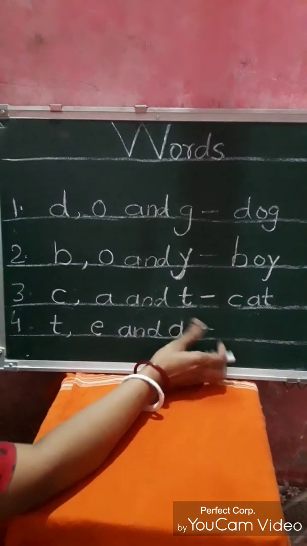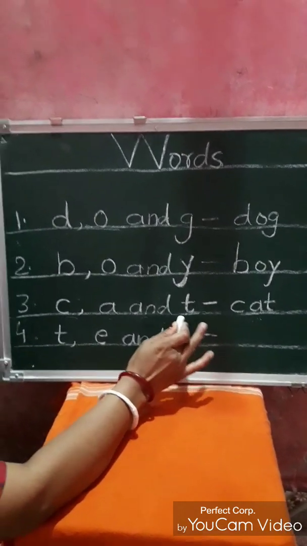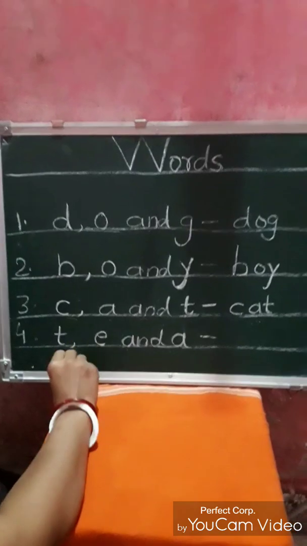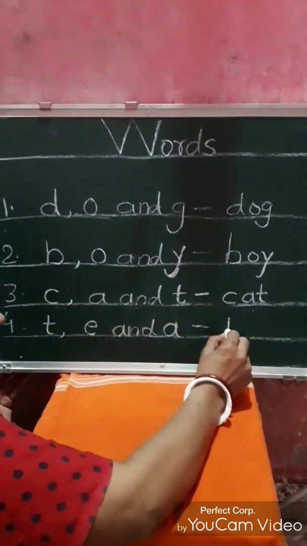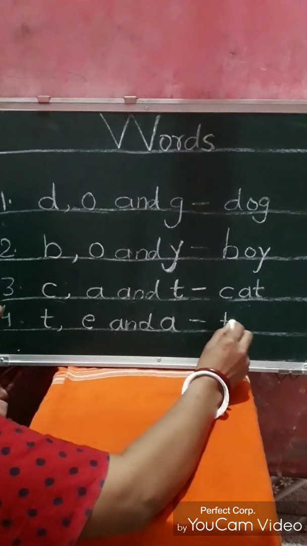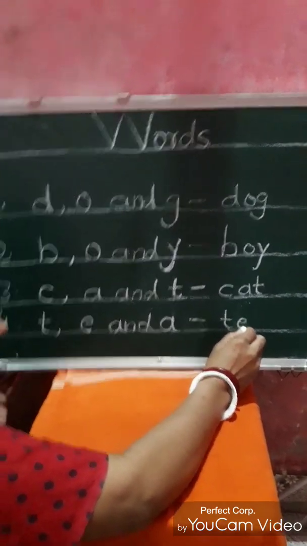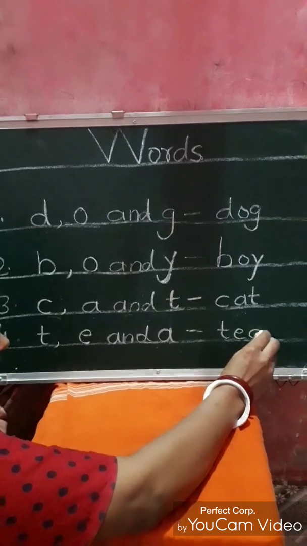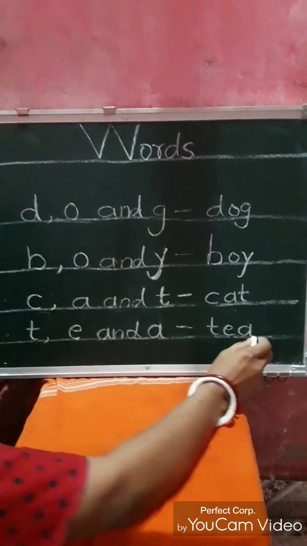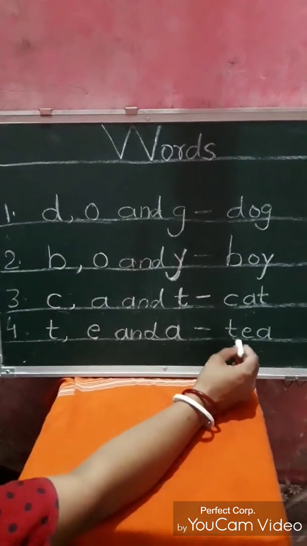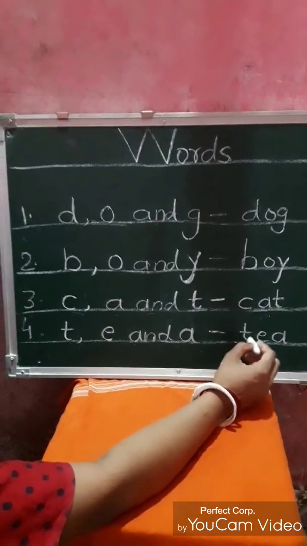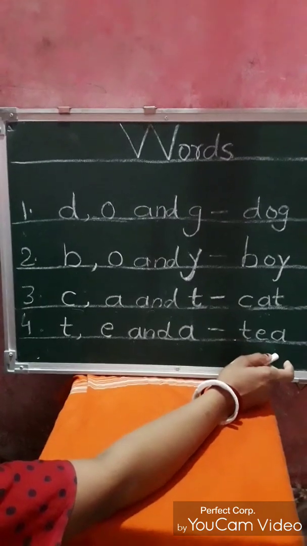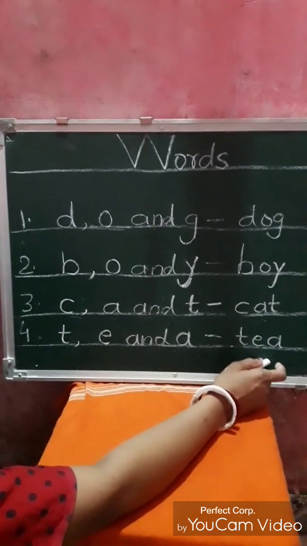T, E, A. When we write this T, E, A together, look at the right hand side where I am writing the letters together. After writing it becomes a word. It has meaning. Tea means chai that we take in early morning and also in the evening.